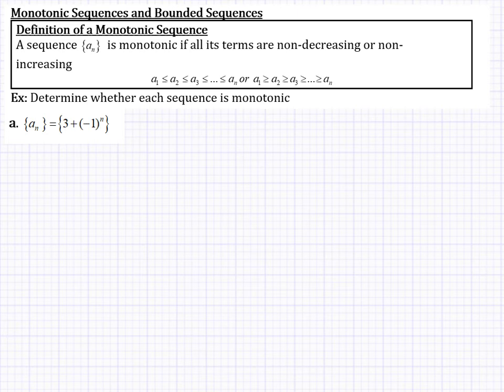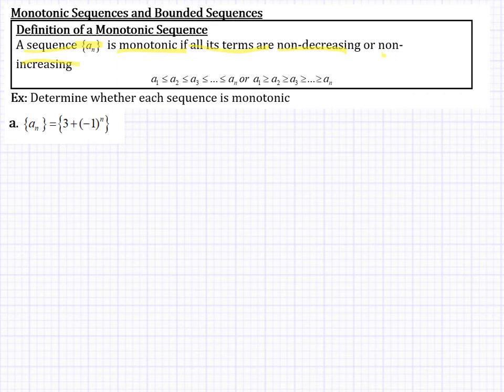So, definition of monotonic. Monotonic is similar to increasing and decreasing, but a little bit more specific. So, first, a sequence a sub n is monotonic if all its terms are non-decreasing or non-increasing. So the idea of increasing or decreasing means that terms are getting bigger or terms are getting smaller.